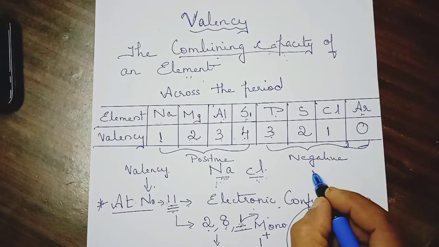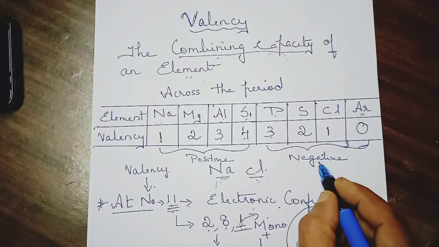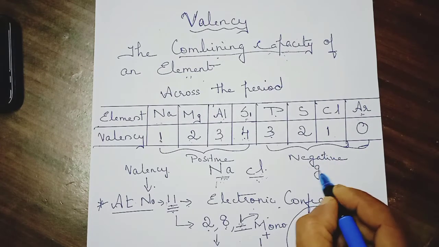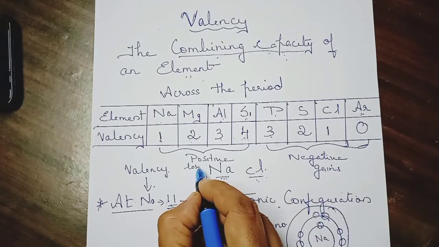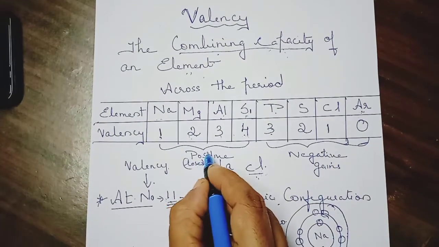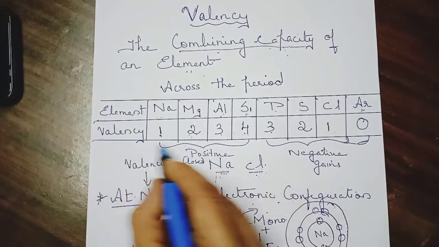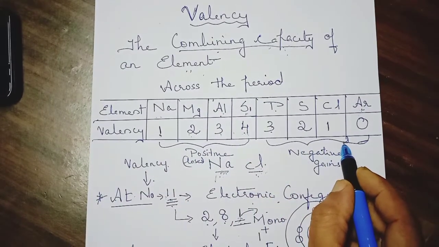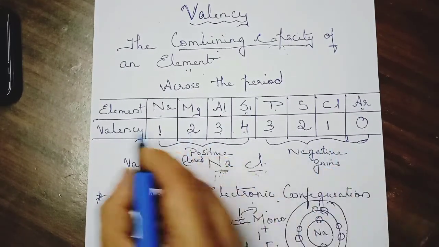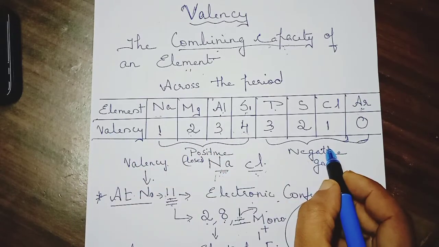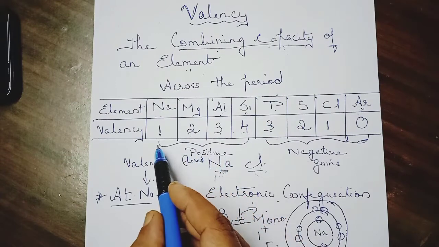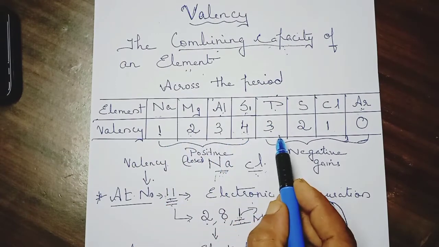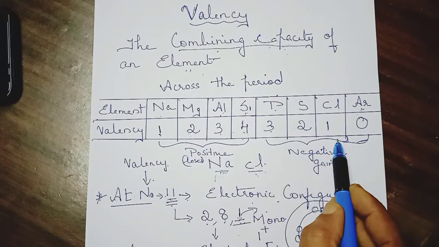Why are they negative? Because they gain electrons. Here it loses electrons, that is, it gives out electrons. So this is the main thing about the valency across the period. This is how the valency increases and then decreases across the period.